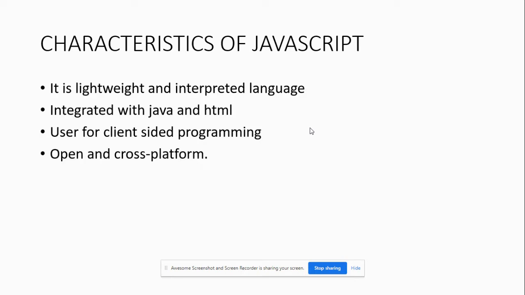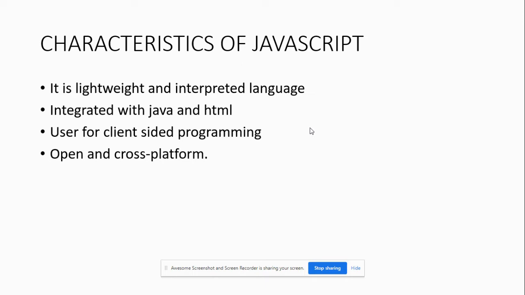Characteristics of JavaScript. It is a lightweight interpreted programming language. A few minutes before, I explained. It is a language which is integrated with Java and HTML. It is used for client-sided programming and it is open and cross-platform.